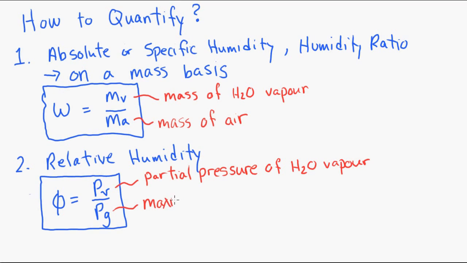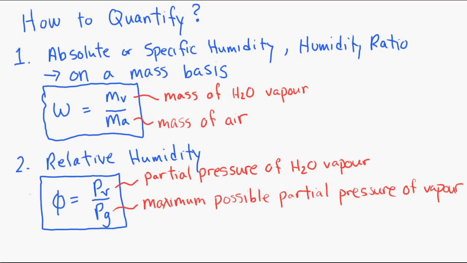PG is the maximum possible partial pressure of water vapor. So this is the most we could have at a given temperature. We call this the saturation pressure.